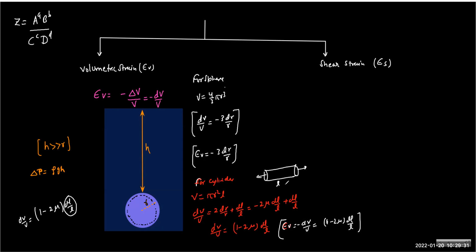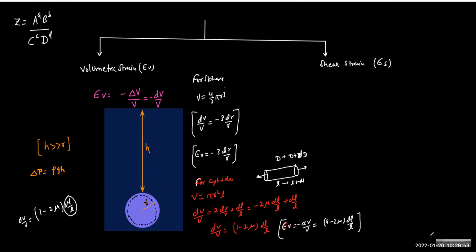The length will increase from L to L plus delta L, and the diameter will decrease from D to something smaller. So now the delta V by V, we cannot like this, no?